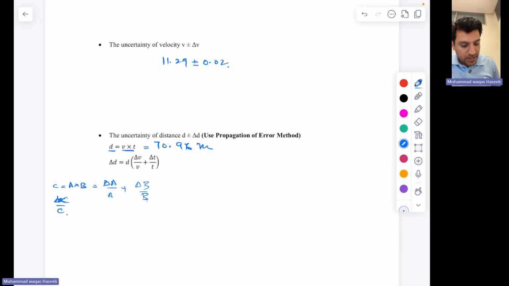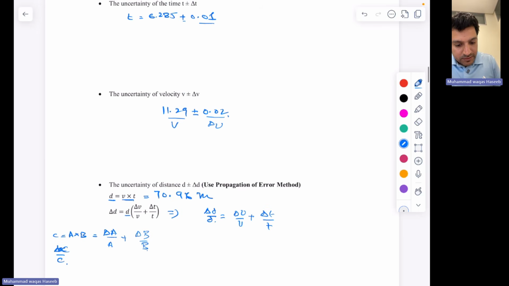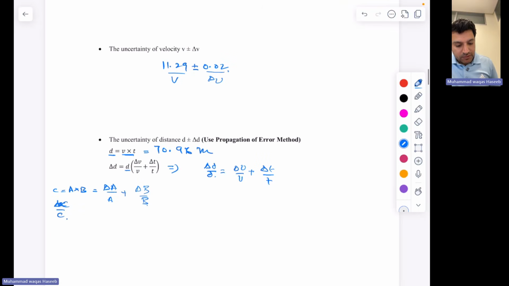In this case you have d, so it looks like delta d over d equals delta v over v plus delta t over t. So you have delta v, v, delta t, t, and you just substitute the values and you have d as well. So you can calculate the value.